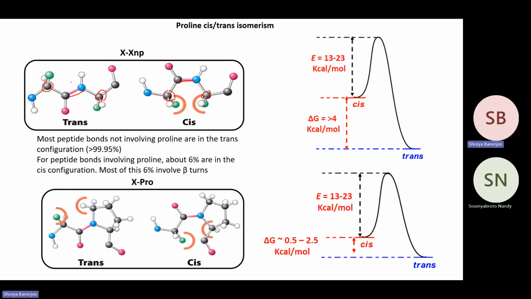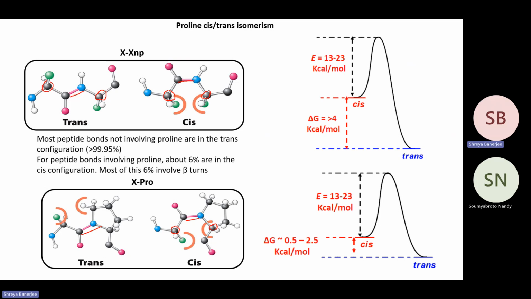But if one of the amino acids is proline, and you remember proline is a cyclic amino acid, then in the cis isomer, the C alpha and C alpha are on the same side, and there is steric repulsion. But in proline, one special characteristic is that in the trans isomer also there is steric repulsion.